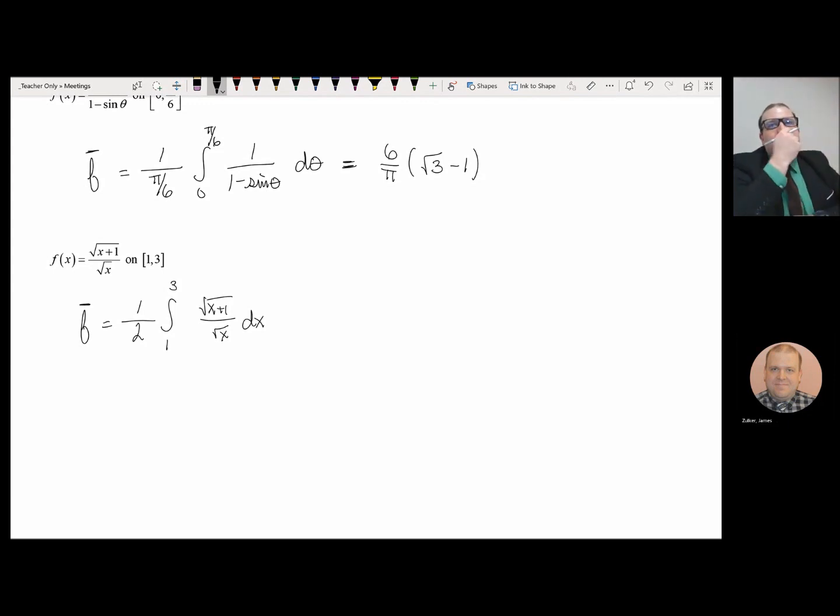You can, but this one is a more obvious substitution. Let u be the square root of x. Then what's du? We have a 1 over 2 root x dx.